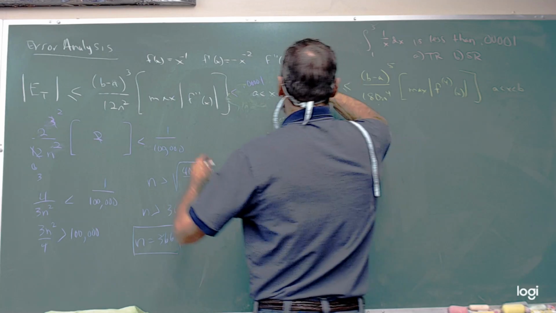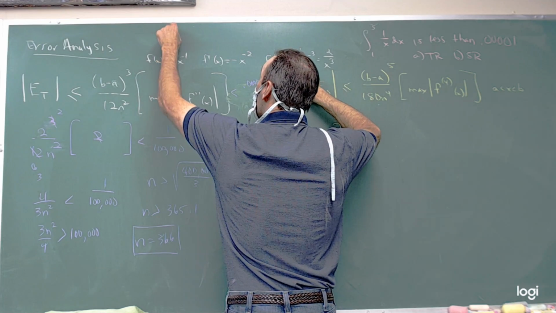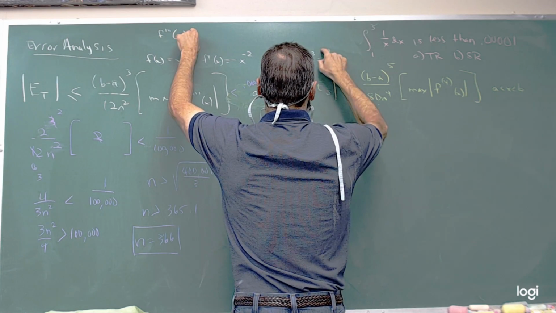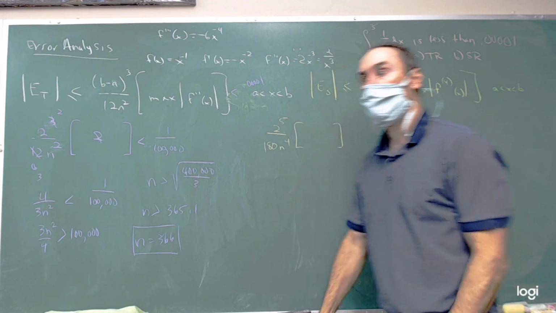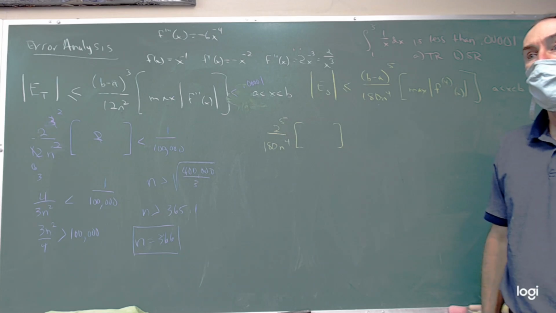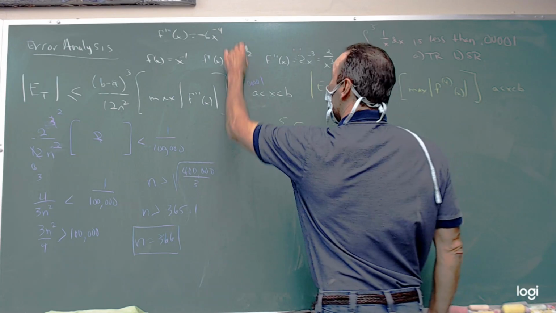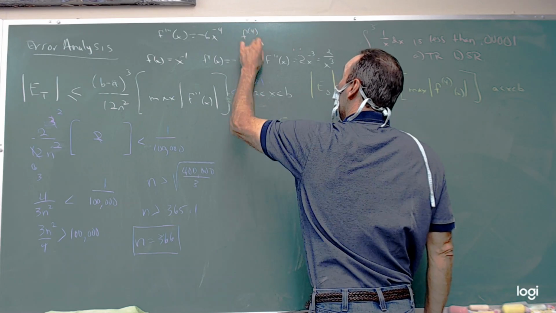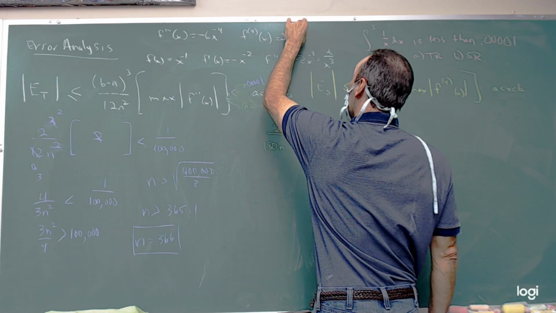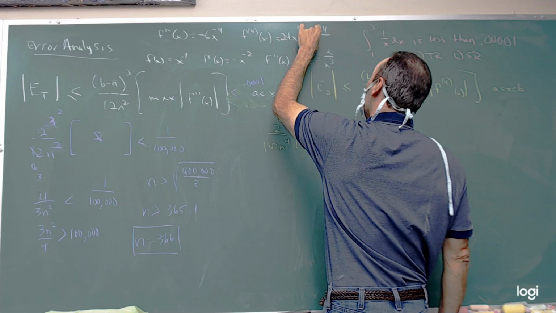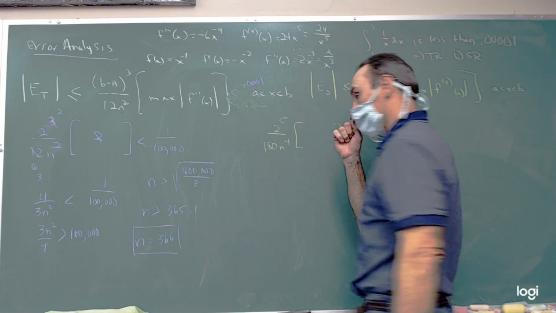So our third derivative is going to be negative 6x to the negative 4. That okay? And then our fourth derivative is going to be 24x to the negative 5, which is 24 over x to the 5th.